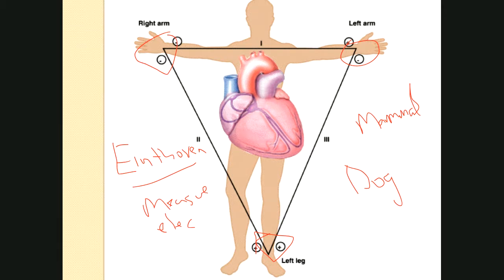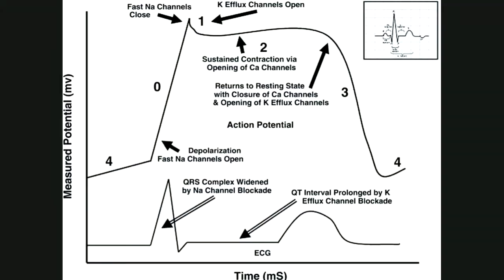You can put these electrodes on the arms and the legs, or you can put them on the chest wall itself, as long as this heart is in sort of this triangle. And what he saw was this. Well, somehow this has to work with this.